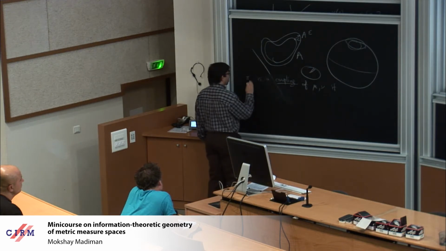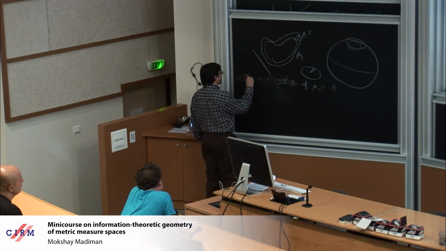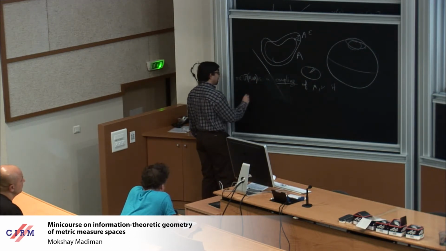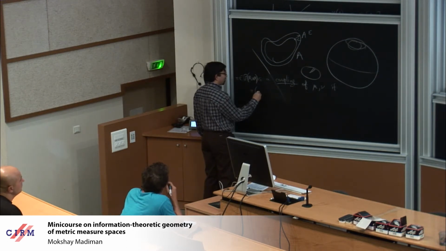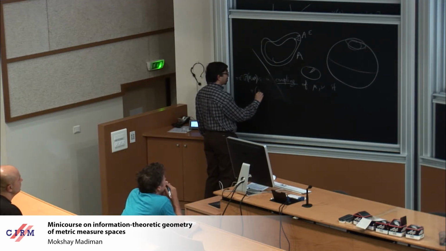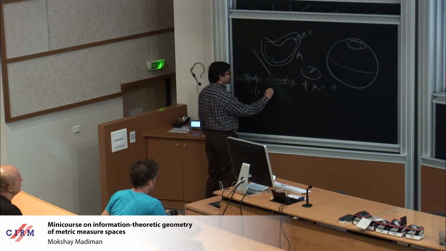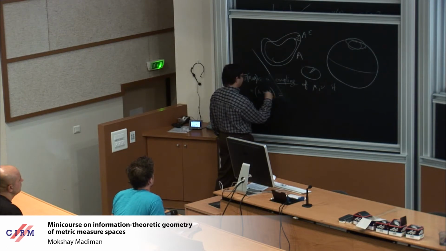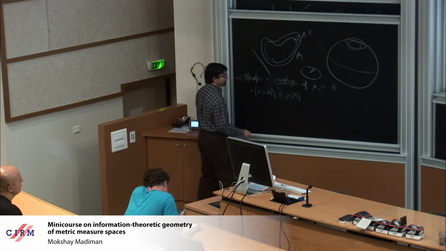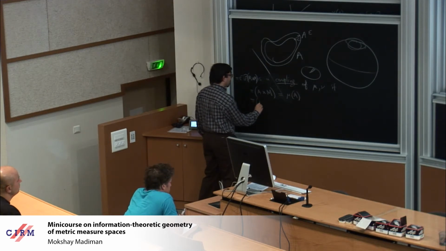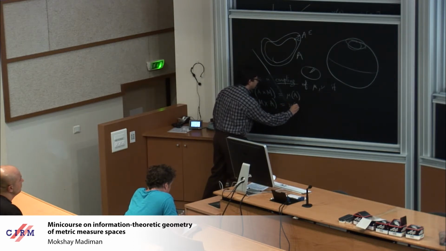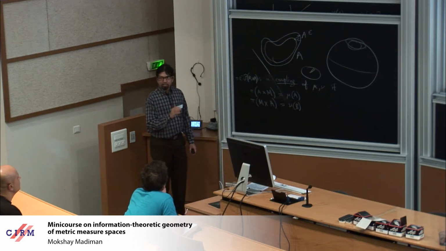If pi is a probability measure on M cross M, where mu and nu are probability measures on M, what I mean by marginals is that pi of A cross M, for some subset A of M, is equal to mu of A. This is what I mean by saying that mu is the first marginal, and pi of M cross B, for a subset B of M, is equal to nu of B. This is what I mean by saying it's the second marginal.